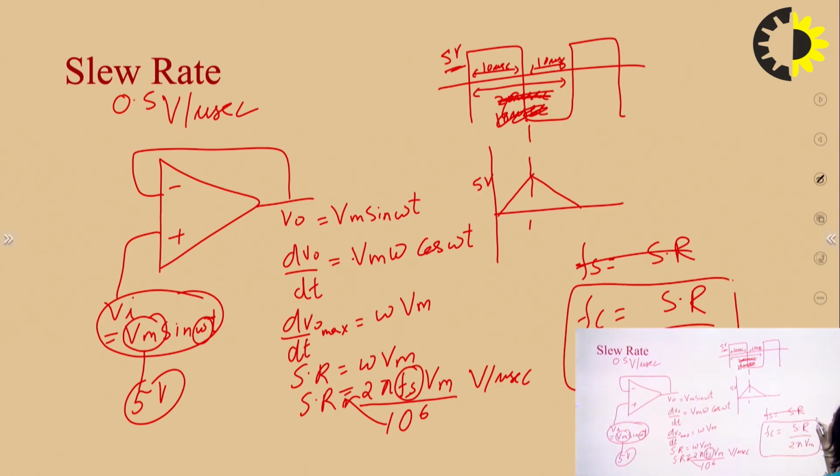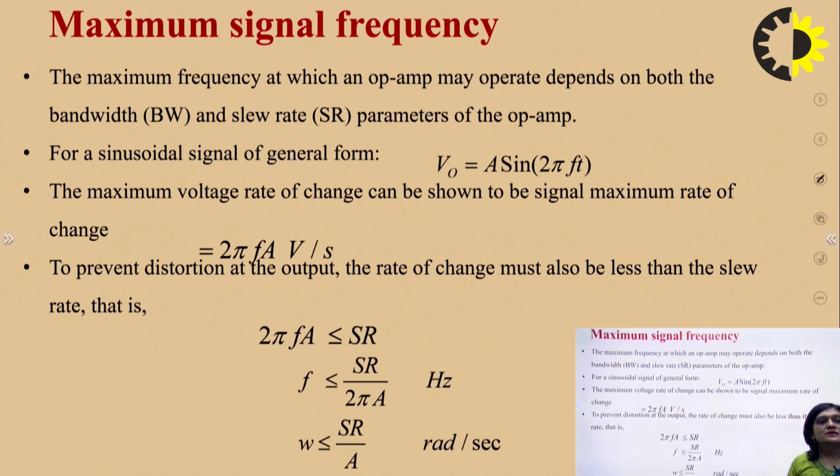So this is the formula for finding the maximum frequency that we can apply at the op-amp so that the output is not distorted. If we apply a square wave at the input terminal, the output will be a square wave also. This is the formula that I derived in the last slide.